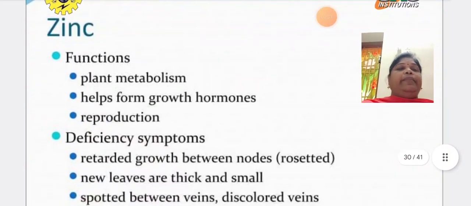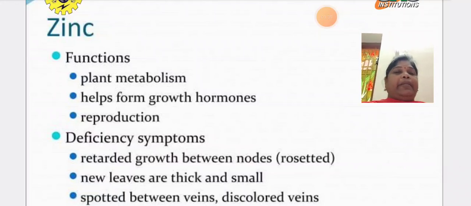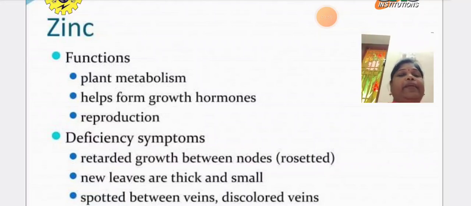Then another element is zinc. Its main function in plant metabolism is to help the growth and development of growth hormones, and reproduction also. For example, the growth hormones are auxin and gibberellin. The deficiency symptoms are retarded growth between nodes, giving a rosette appearance.